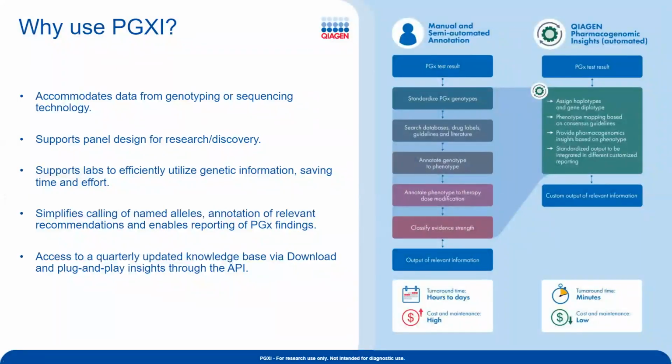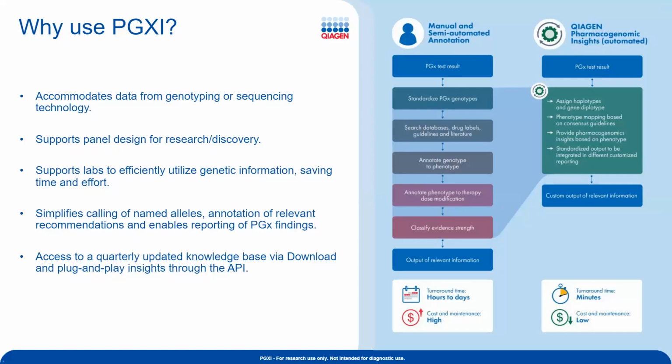And here, just to sum it up a bit, the PGX API really accommodates any data from genotyping or sequencing technologies. It will help you support panel design for research or discovery. So with access to the PGXI downloads, you'll be able to query all RKB and find what positions are relevant for certain genes, medications, or even phenotypes, and then use those for panel and NGS panel design as an example.